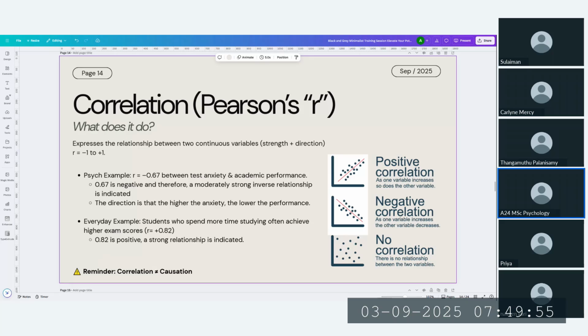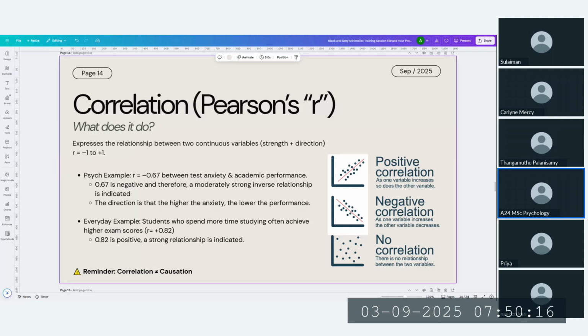This is one of the older research findings. It seems like common sense, but students who spend more time studying achieve higher exam scores. It is an R value of 0.82. That means it has a strong positive correlation.